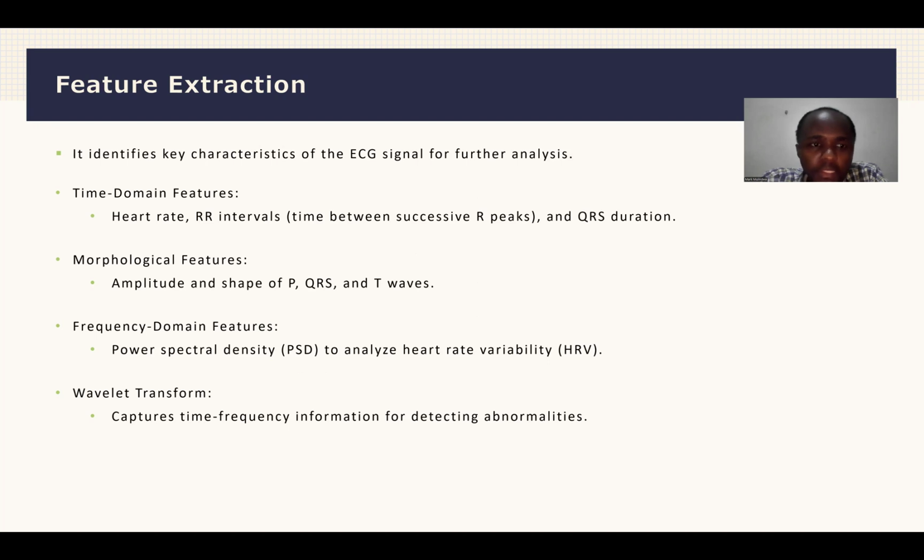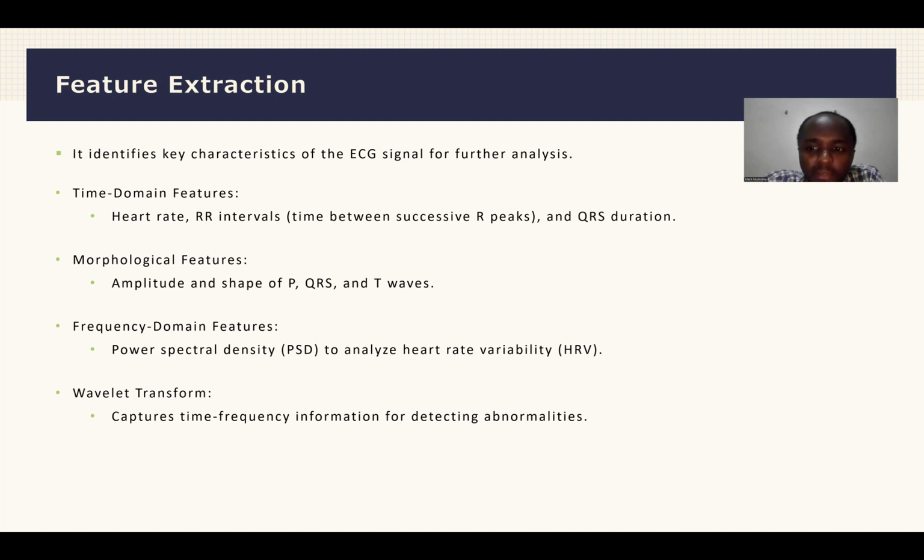To talk about the features under it, we shall mention the time domain features, which basically talk about the heart rate, the RR intervals, which is the time between successive R peaks, and QRS duration. The time domain features are mainly extracted directly from the raw EEG signal without transforming it into the frequency domain.